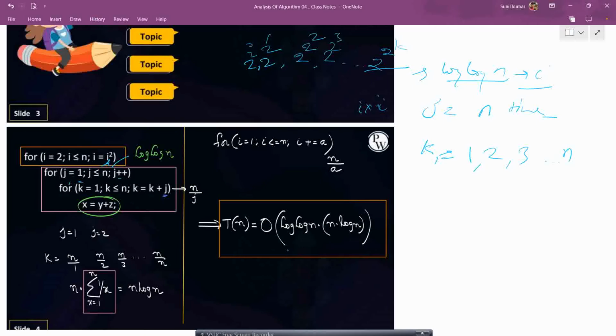Then it goes n by 2 times, then n by 3 times, because if we solve the formula from the previous lectures for i plus a, it goes n by a.